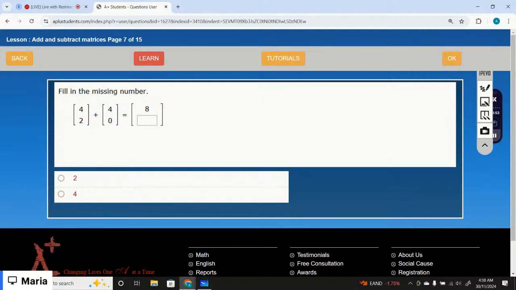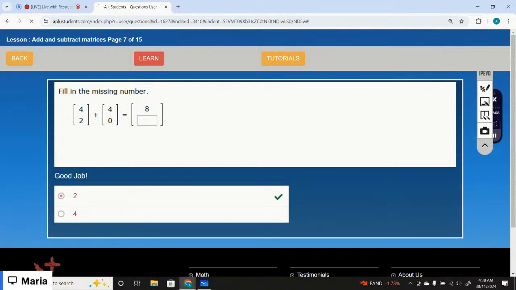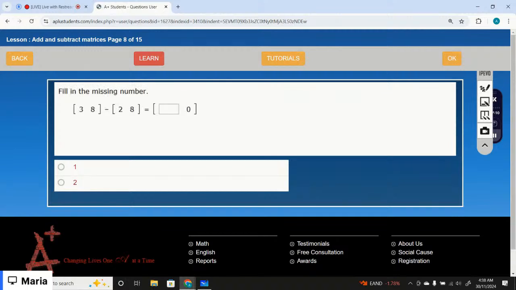Fill in the missing number. That is 2 plus 0 is 2. Option number 1 is the correct option. Fill in the missing number.